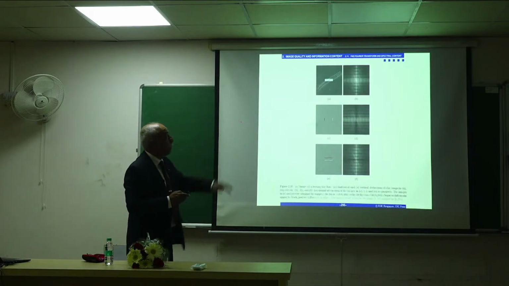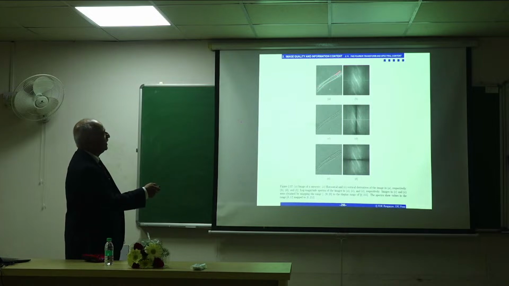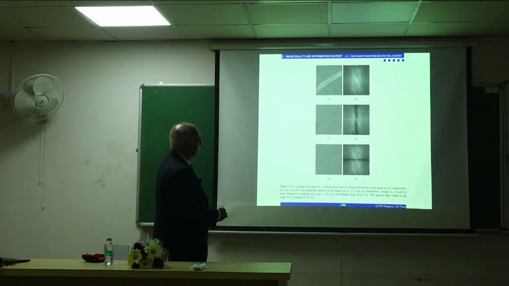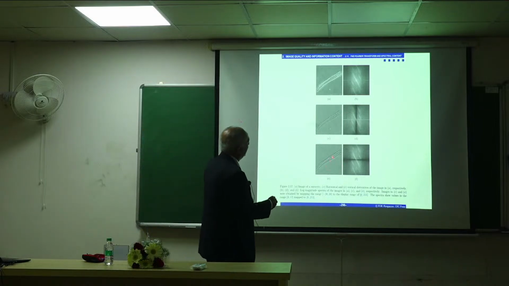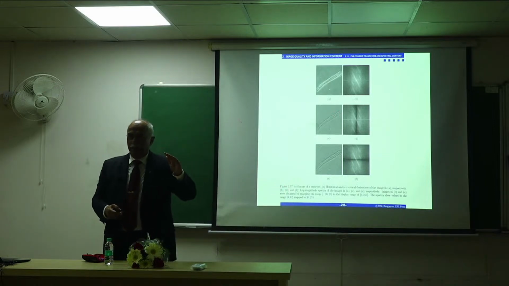Okay? So the myocyte image I showed earlier, I rescaled it, Fourier transform, differentiation, horizontal, vertical. You see some edges here. Here, these edges are emphasized. There, some vertical edges are emphasized. Depends upon the orientation.